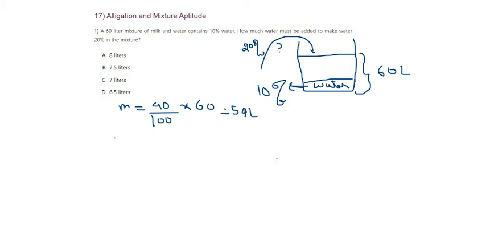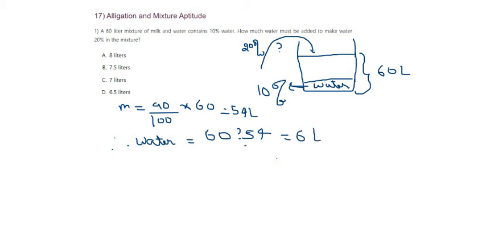Now therefore the water: out of 60 liters, when you are taking 54 liters of milk, it will be 6 liters.